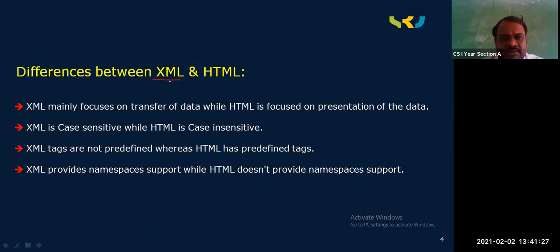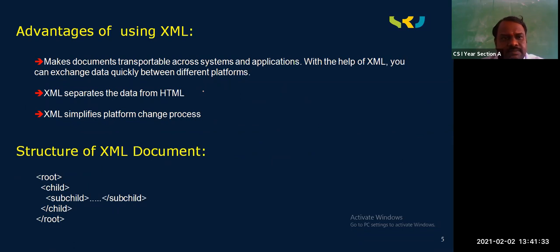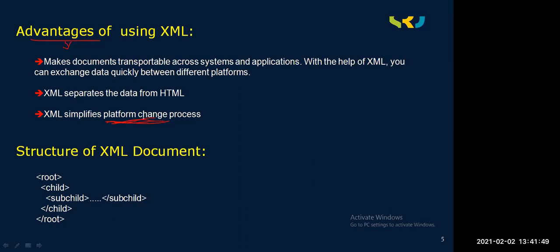So we just learned the job of XML and the job of HTML. Next, advantages. Just now I have shown what the advantages are. What is the main advantage? It is platform independent. So can you exchange data across independent platforms or not? We can, sir.